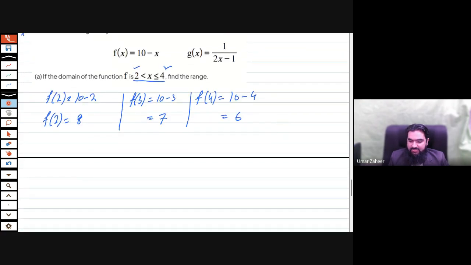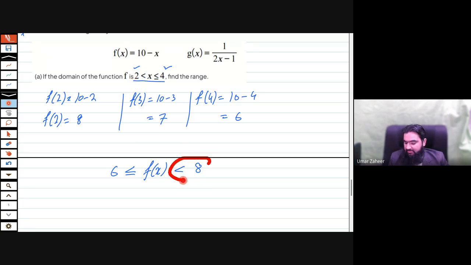So the range is f of x greater than or equal to 6. We take equal to because this value is included, and less than 8. Only less than, not equal to, because x is greater than 2 only, not equal to.